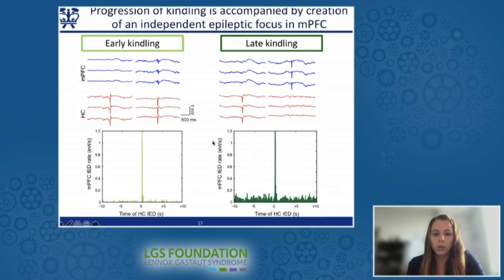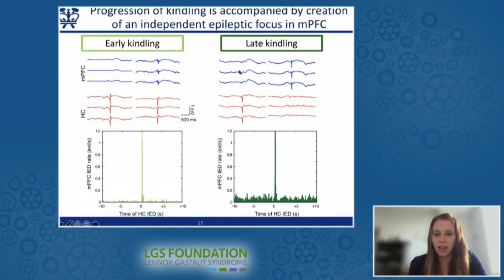To look at that, these are just some examples. Early on during the Kindling, you can see that there are just IEDs in the hippocampus and nothing in the MPFC, and then a little bit later you start to have a tiny little IED that happens at the same time as the hippocampal IED, and pretty much all of this activity is strongly linked together.